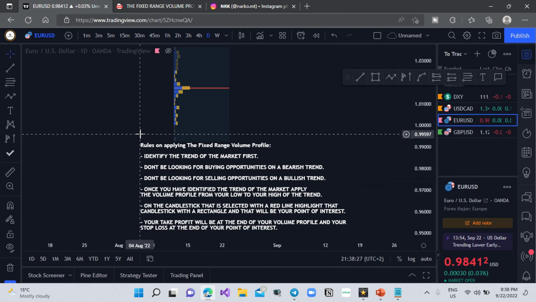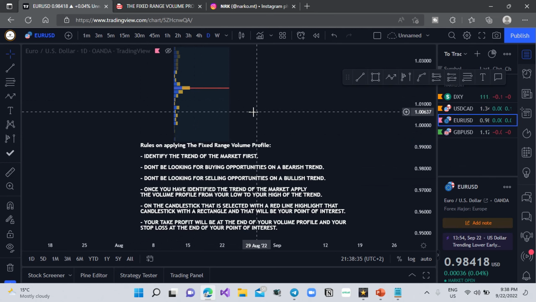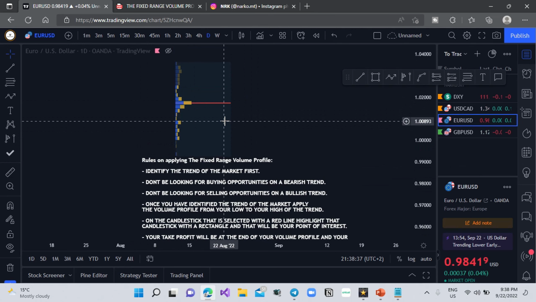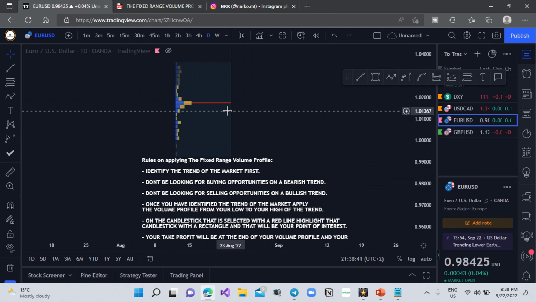Okay, now going about using the volume profile, you need to first know the properties of it. The red line here shows us the point of control or the price level with the most volume.